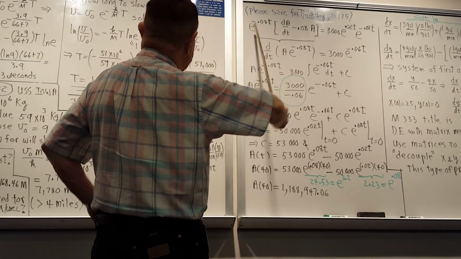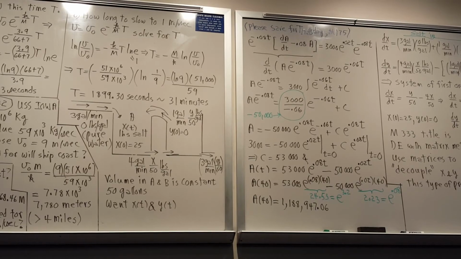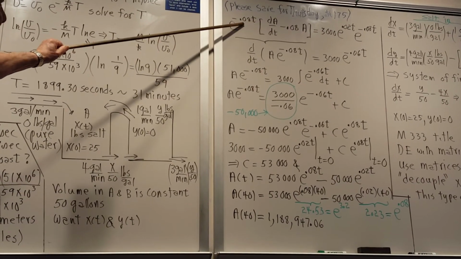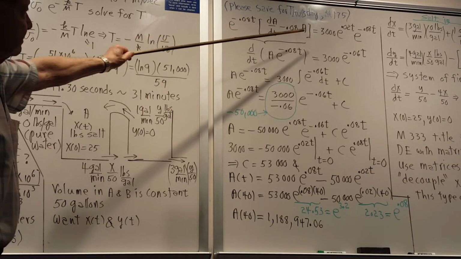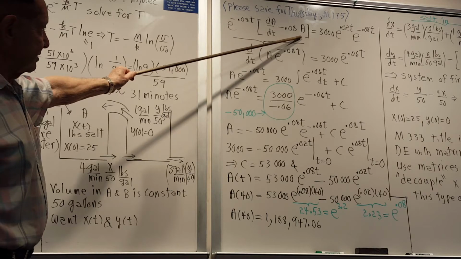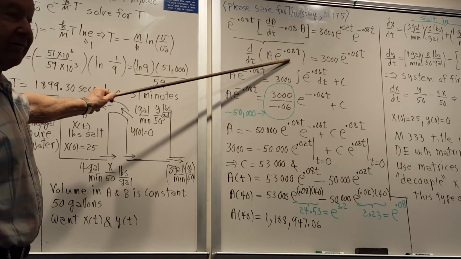So I'm multiplying both sides of this by the integrating factor, which you see, and then this is the derivative of the product of the unknown function and the integrating factor.